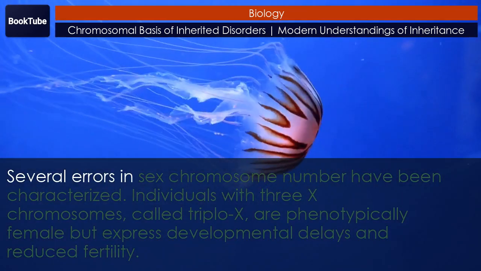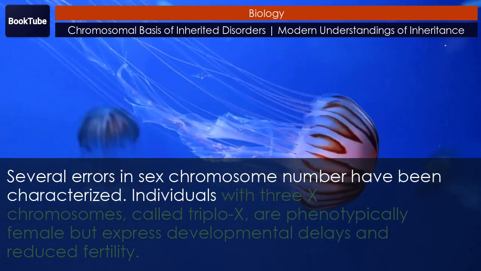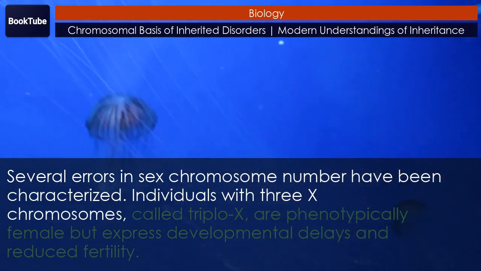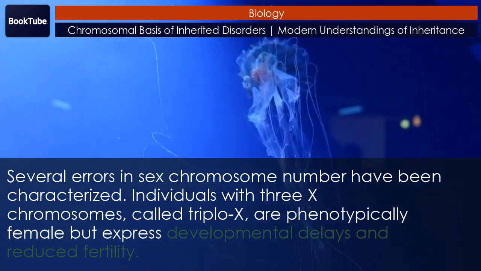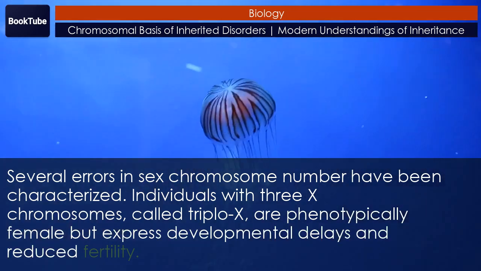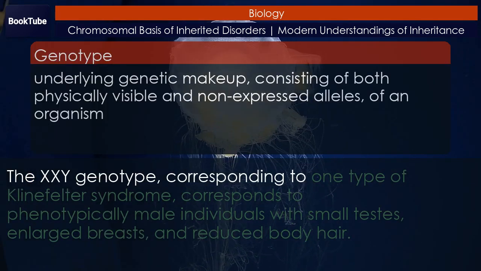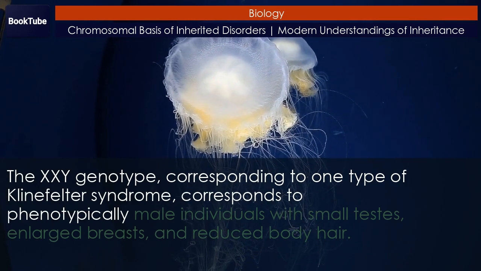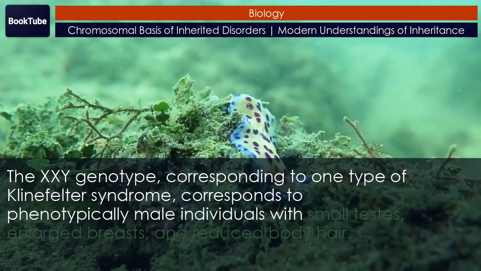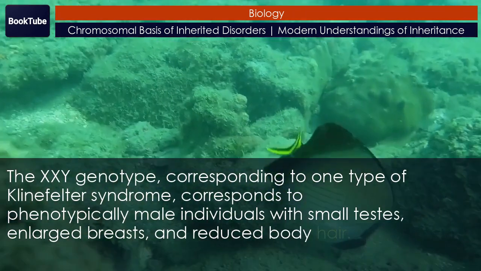Several errors in sex chromosome number have been characterized. Individuals with 3 X chromosomes, called triplo X, are phenotypically female but express developmental delays and reduced fertility. The XXY genotype, corresponding to one type of Klinefelter syndrome, corresponds to phenotypically male individuals with small testes, enlarged breasts, and reduced body hair.